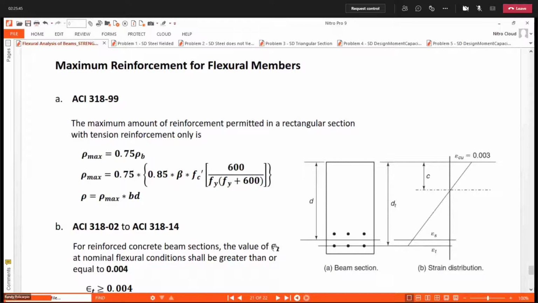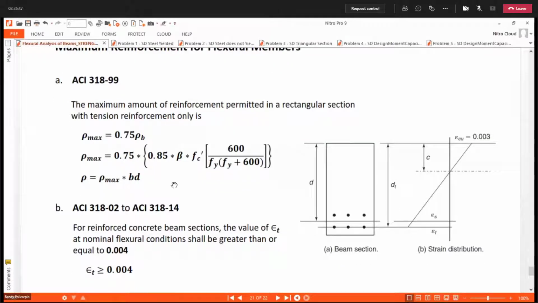Okay, so we have here the old code. How do we set the limit on our reinforcement?